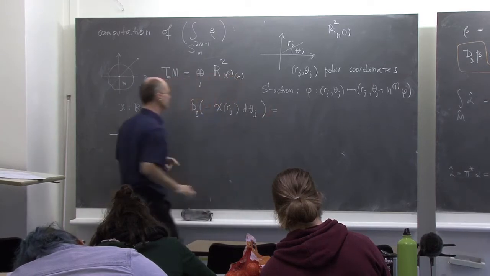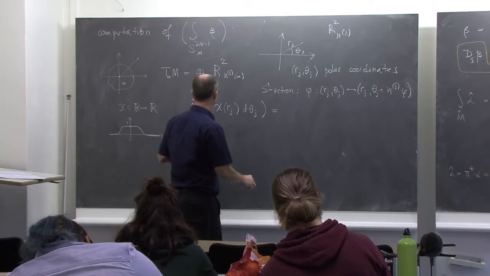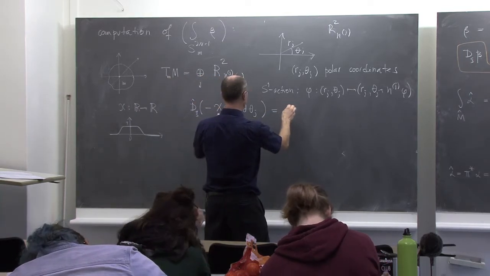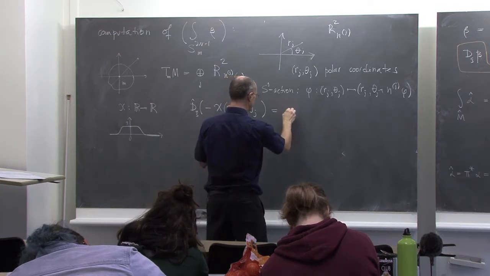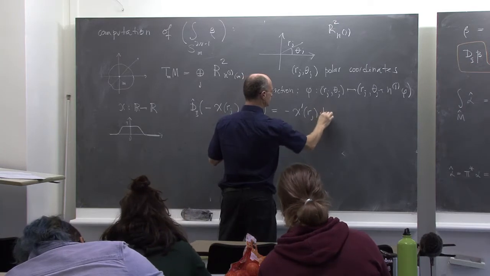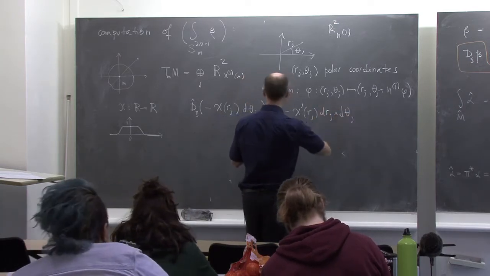Let me compute this d_psi of such a form. The de Rham differential gives minus chi prime r_j dr_j wedge d theta_j.